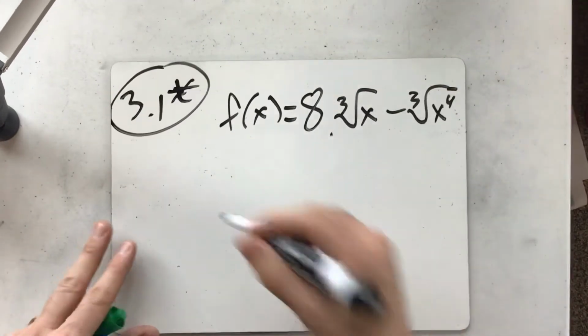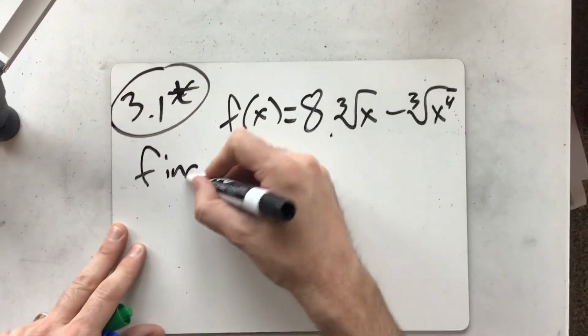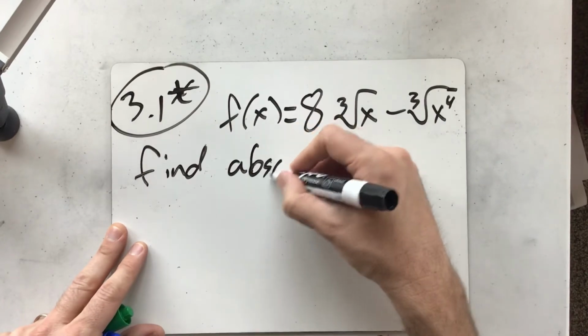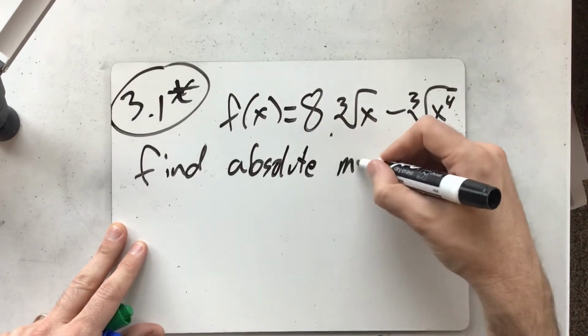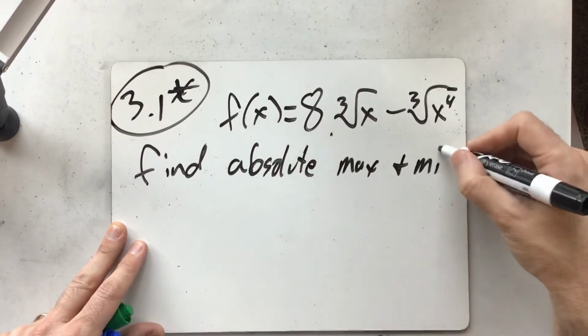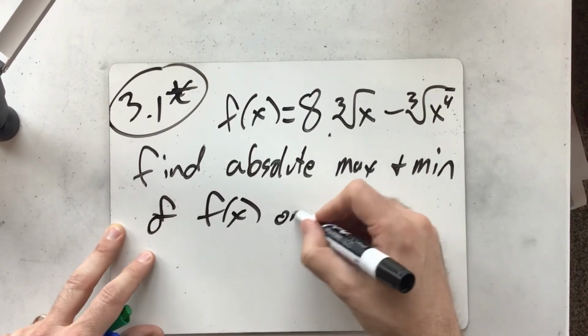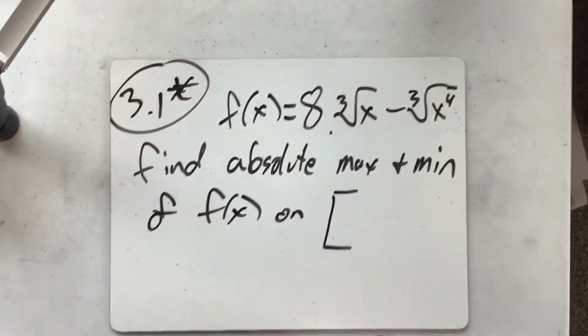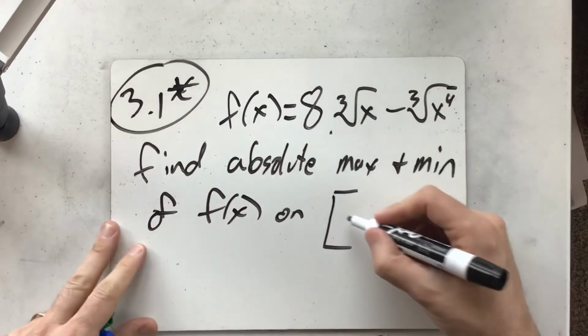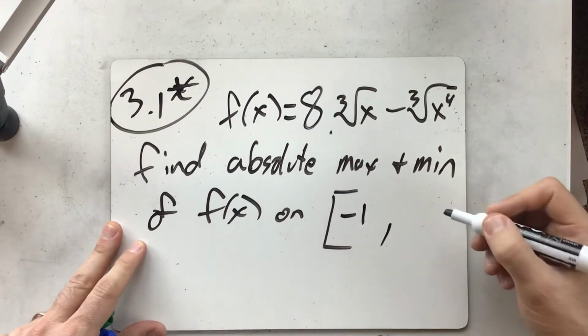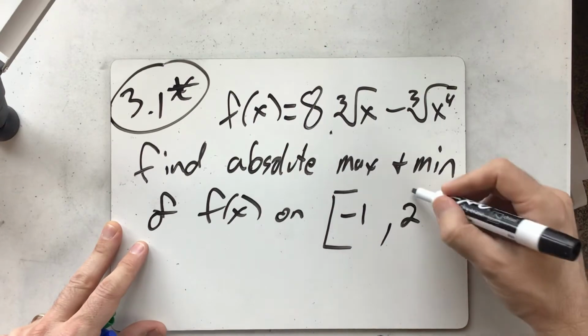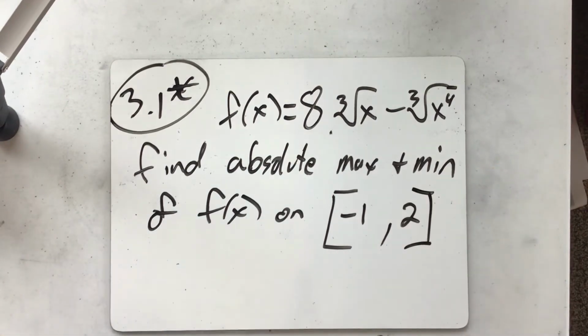We'll let f of x be this, and we'll say find the absolute max and min of f of x on the interval. And the interval we're going to choose, let's go from -1 to +2.